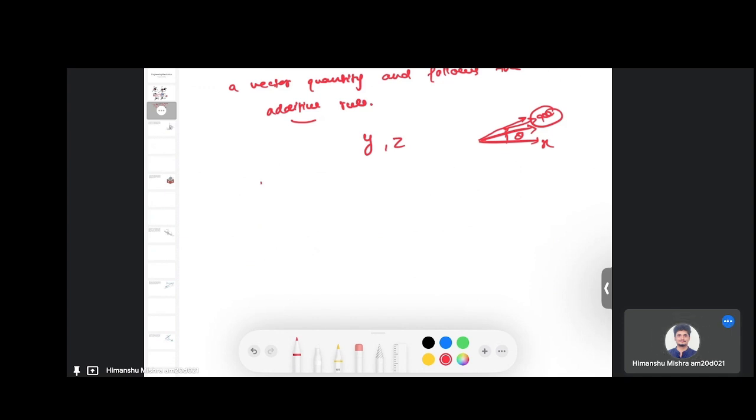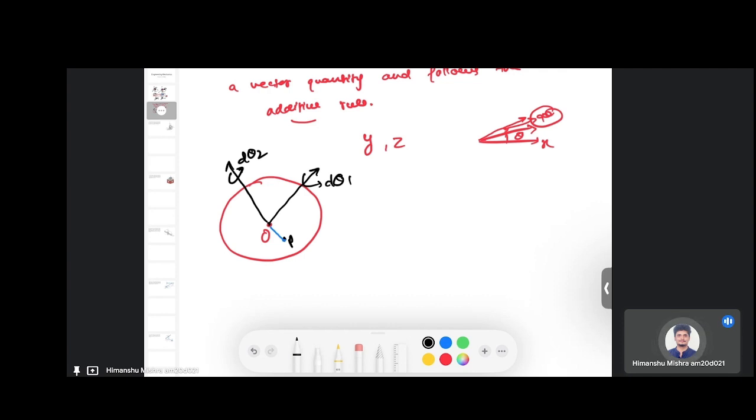For example, let's say I have a body, and let's say this is point O. This body exhibits one rotation d theta 1, and it also exhibits rotation d theta 2. And there is a point P. Each time you exhibit a rotation d theta 1 or d theta 2, this point P moves.